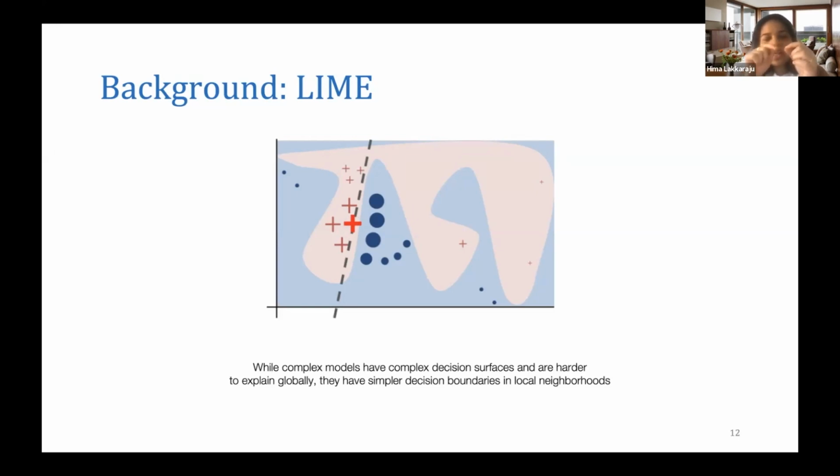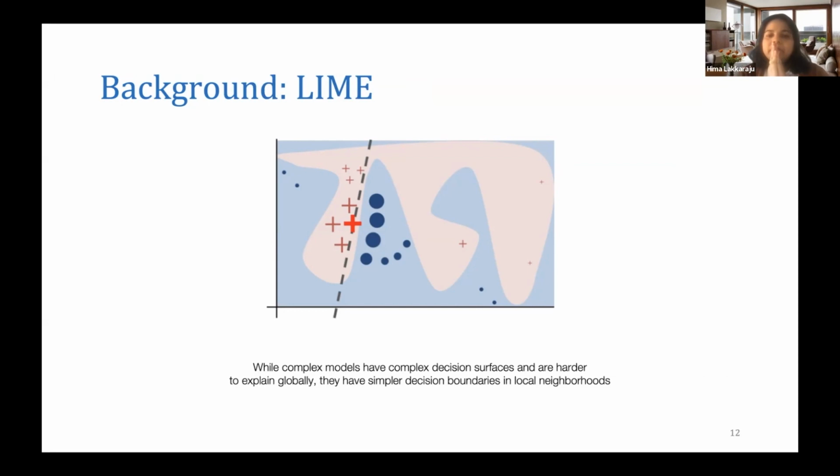And then for all these points, we take the predictions of the underlying model whose prediction we are trying to explain in the first place. And then we fit a linear model, which is like a linear regression, for example, or a logistic regression. We fit a linear model which basically predicts the underlying model's labels on these points. So essentially what it is trying to do is create some sort of a local linear approximation of the underlying model. So that's what it is intuitively trying to do.